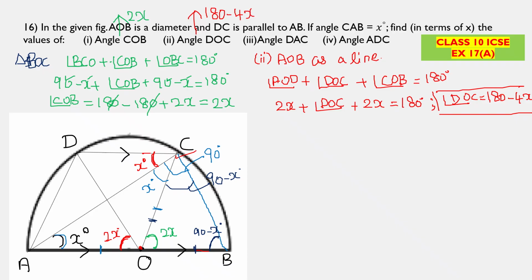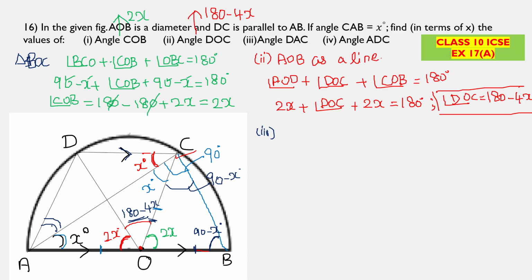Now we are supposed to find DAC. Before that, we will mark this one, 180 minus 4x, with a different color. Still we need to find the angle DAC, right? DOC and DAC are both from the segment DC. So from DC, the angle subtended at the center is 180 minus 4x. From the same segment DC, the angle subtended at the circumference is half of it.